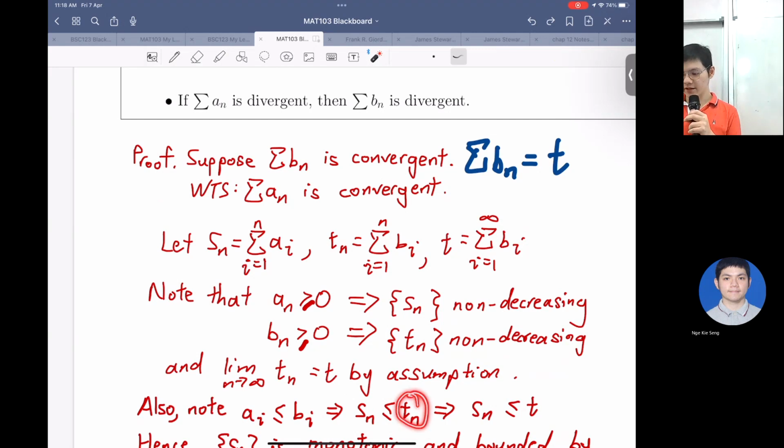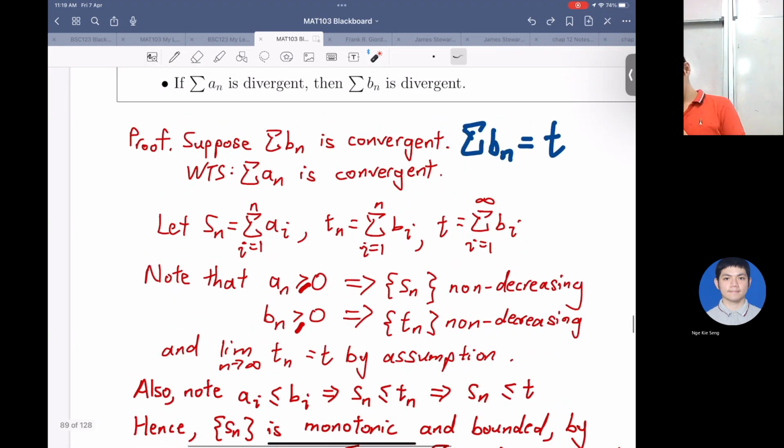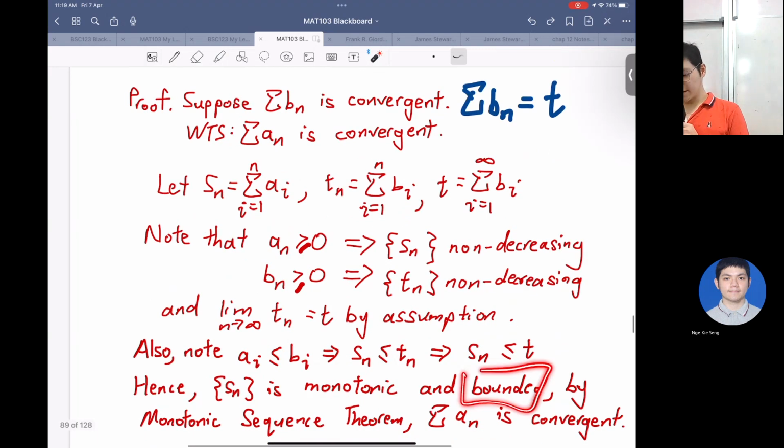If you take Tn to infinity, then T bounds every partial sum. Make sense? So in this case, we found a monotonic and bounded sequence.